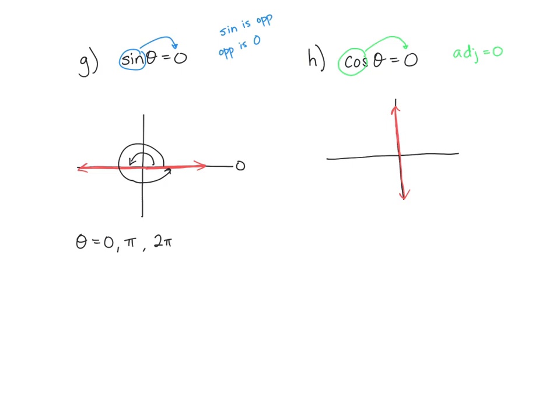So what values of theta make cos equal to 0? Well, if I look at those locations on my axes, I know that theta could be pi by 2 or 3 pi by 2. Here cos of theta equals 0 means the adjacent side is 0, it does not have a value, it does not exist. So we only moved up and down for our vertical.